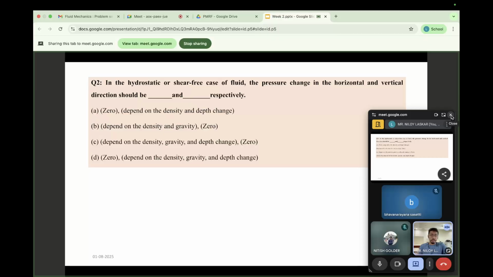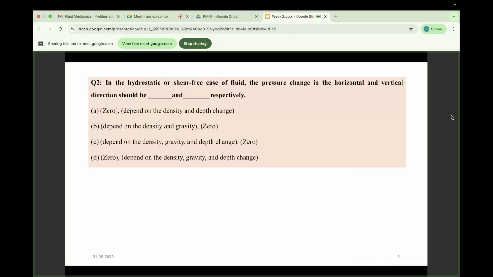So see this concept. Let me represent it in three directions. Say this one is your x, this one is your y, and this one is your z.